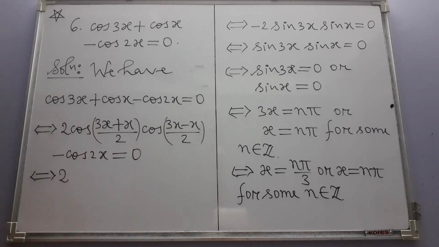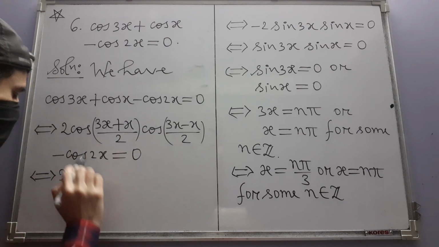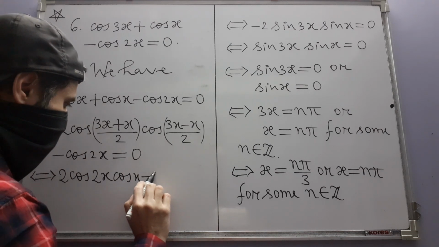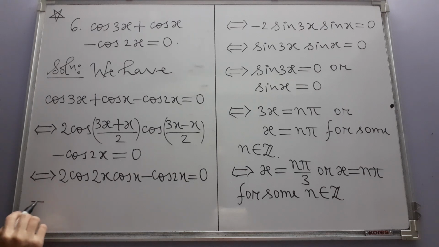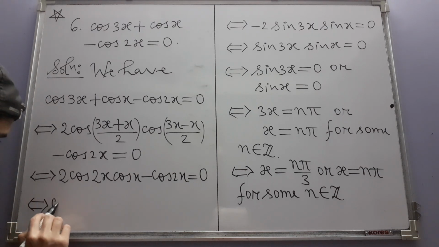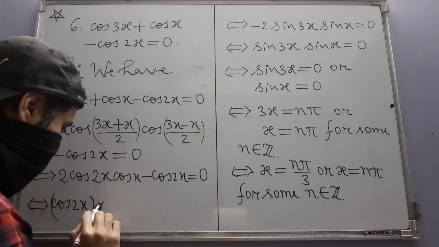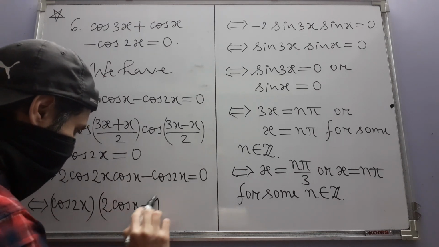Okay, so now what does simplification give us? This is going to be 2 cos 2x cos x minus cos 2x equals 0. And the advantage is that we can now take cos 2x common out, and that will leave us with 2 cos x minus 1.